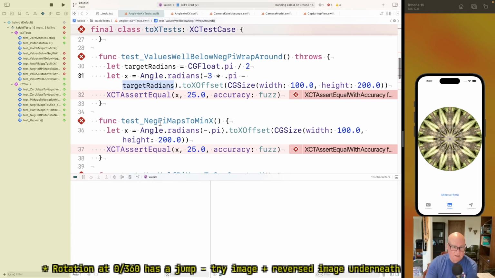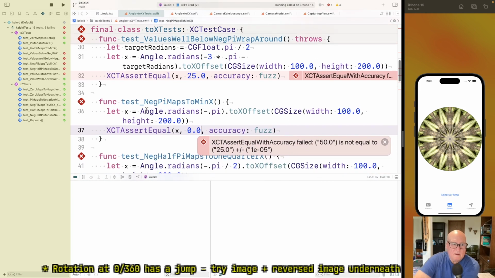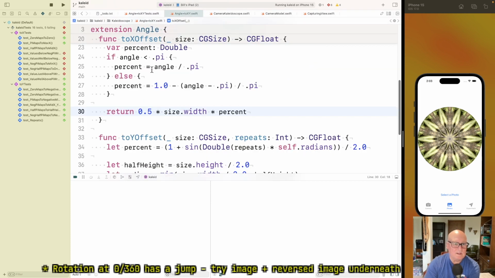All right. Negative pi should map to min x. That's true, which should be 0. What do we get? Ooh, 25. All right. So negative pi maps you halfway around, which is, if you add 2 pi to it, positive pi, which gets you to the same place. And in our case, plus pi should get you to this case, which is 1.0, and then halfway across.